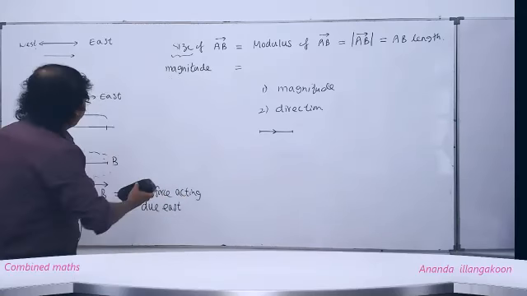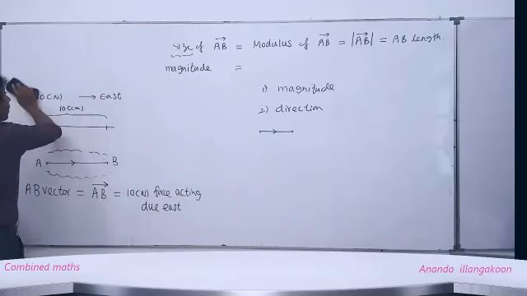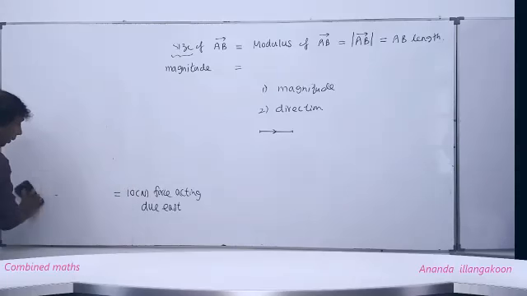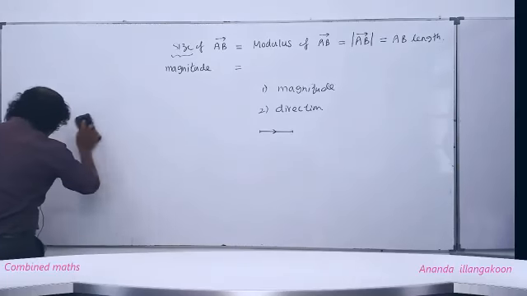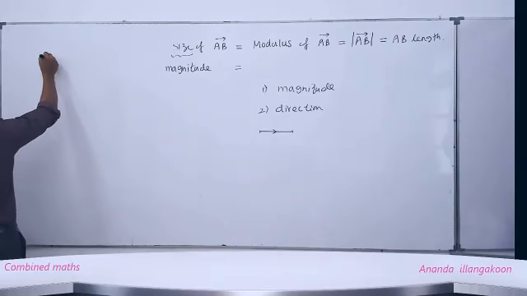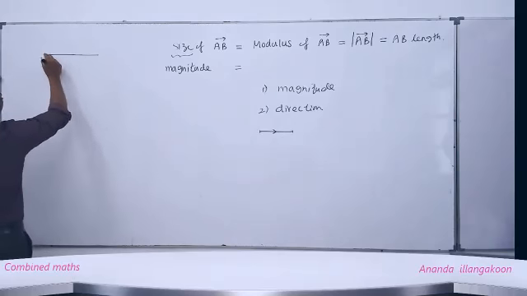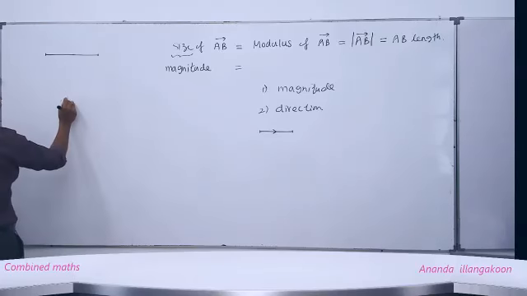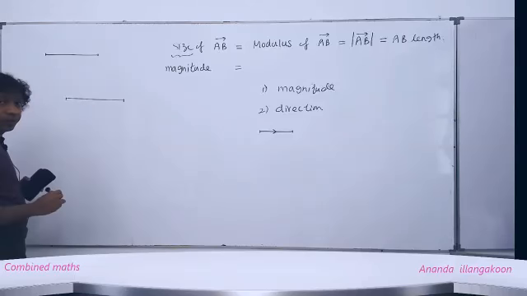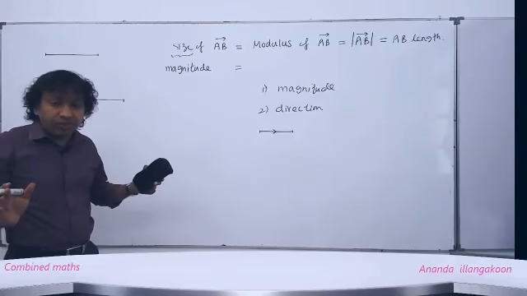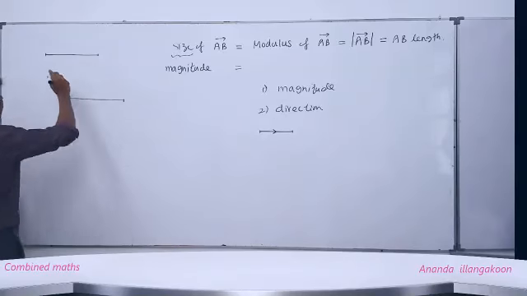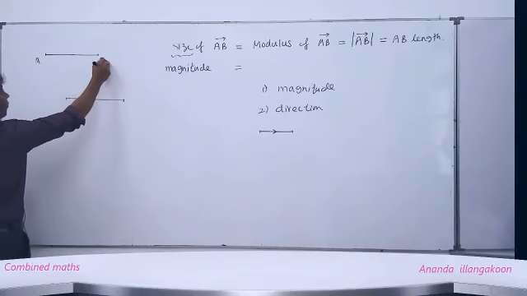If we consider two such equal vectors, and after representing them geometrically, we consider the properties of the two line segments which represent the equal vectors. Since the sizes of the vectors are equal, the lengths of the line segments must be equal.